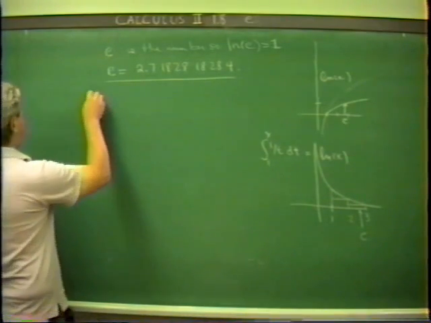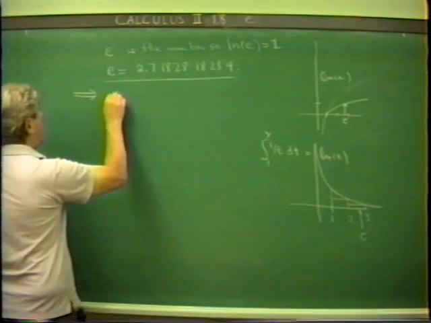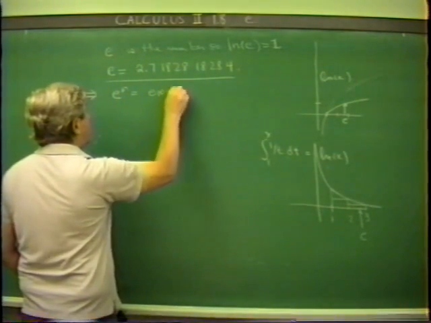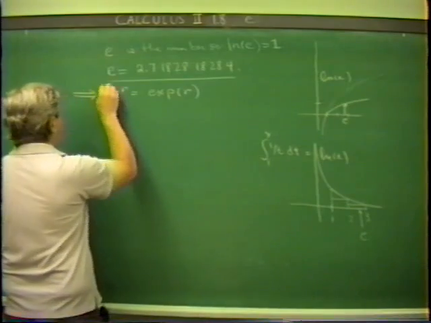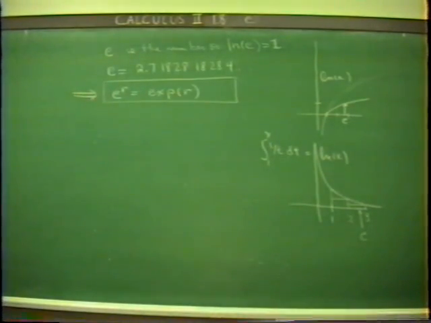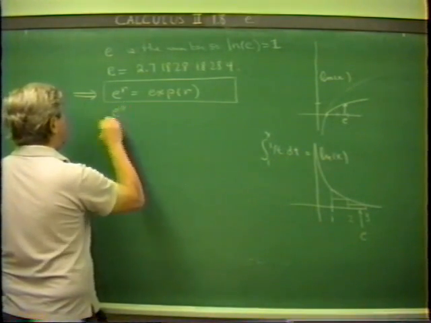Now, what we want to do is the following. We want to see that for rational numbers r, e to the r is exponent of r. And this is going to follow from our properties of logarithms.